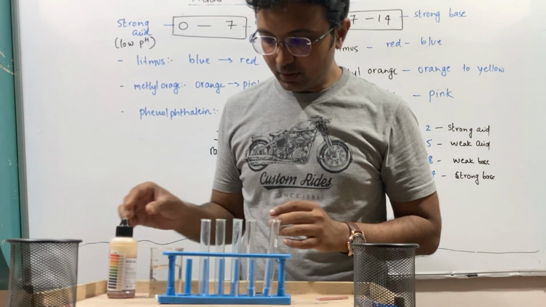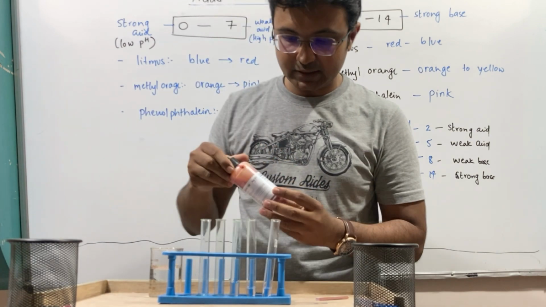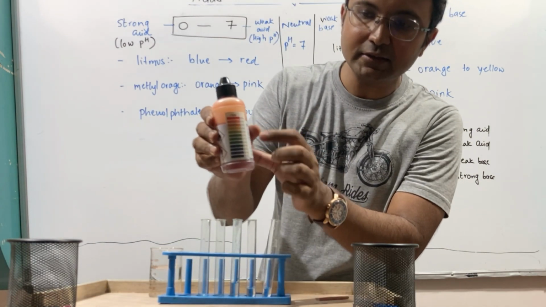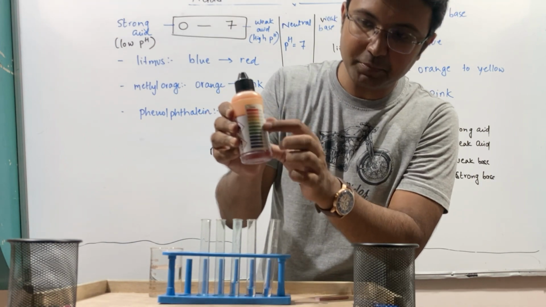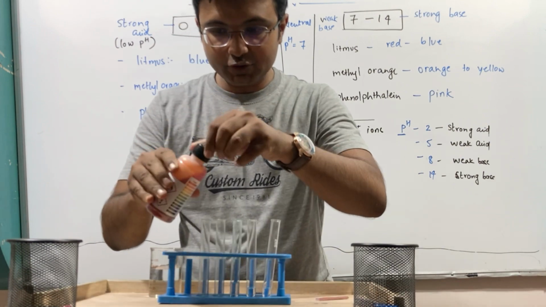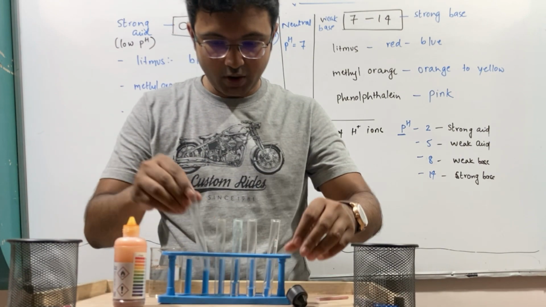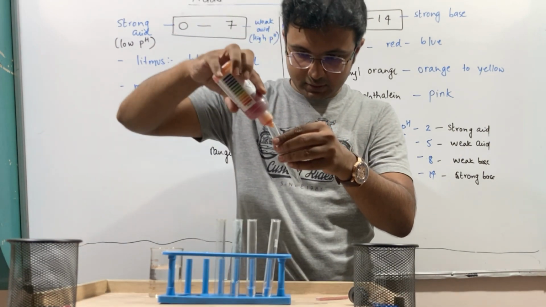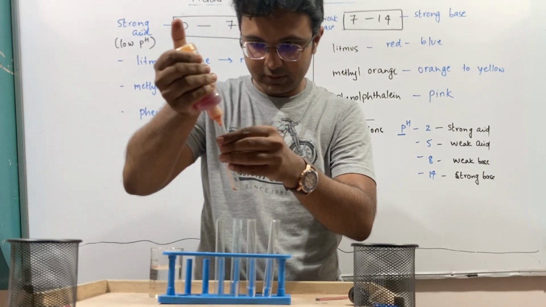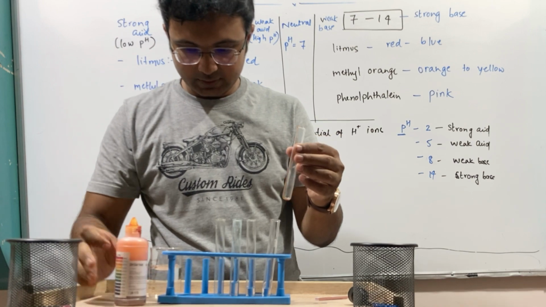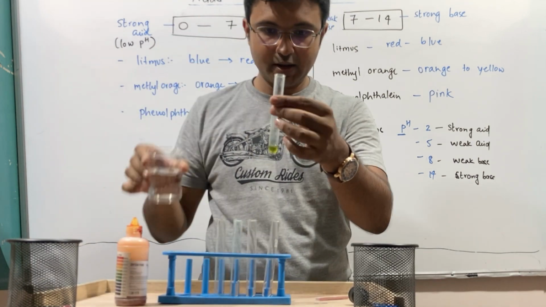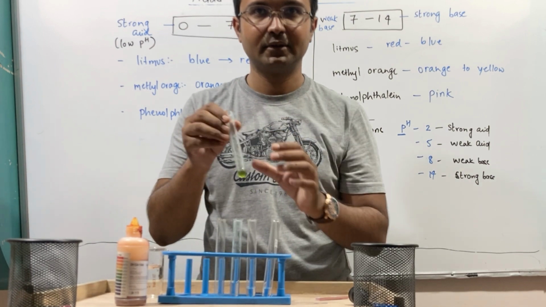Fine. Now let us check with the universal indicator. The universal indicator has the complete pH range, that means from 0 to 14. Now I'll show you how it looks when I add water to the universal pH indicator. I'm just taking this much, and now see, if I add water, the color is green.